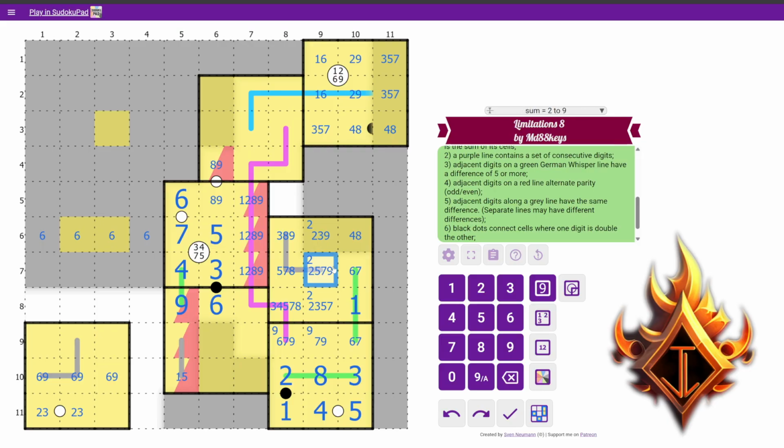So it is true that 9 does not go there. 9 is in that row. Seven, 8, 9.